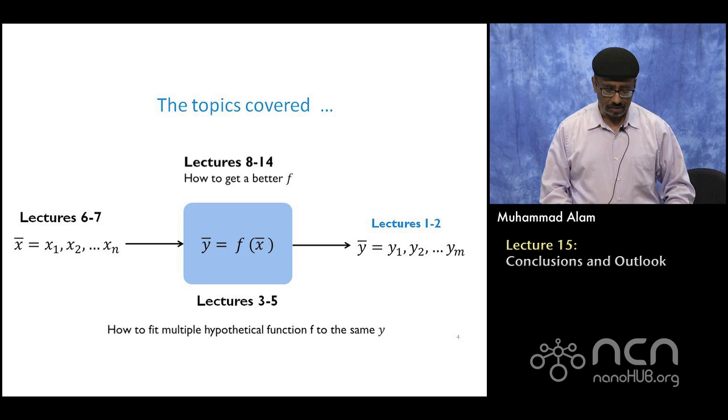For example, if something varies as a logarithm in time, and you sample the whole thing linearly in time, that's not going to give you a very good Y, and you will not be able to test the hypothesis very well. So how to design the experiments, how to think about X1, X2, the various input variables, in a way that you get a set of Y that gives the maximum possibility of determining the function F was something that we discussed in detail.